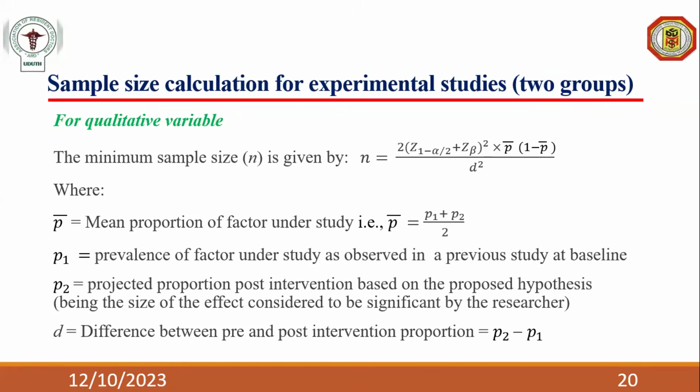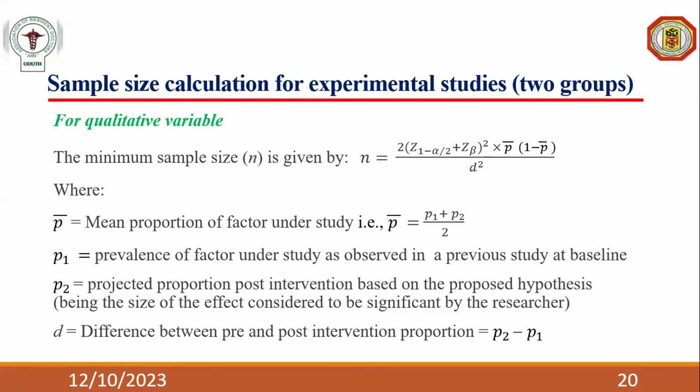In that case, if it is a qualitative variable, the minimum sample size would be equal to 2 into Z alpha plus Z beta squared times P bar into 1 minus P bar divided by D squared, where Z alpha and Z beta are as we have mentioned earlier, then P bar is the mean proportion of the factor under study.